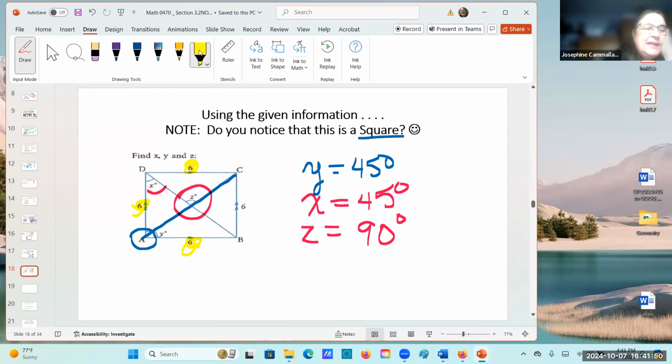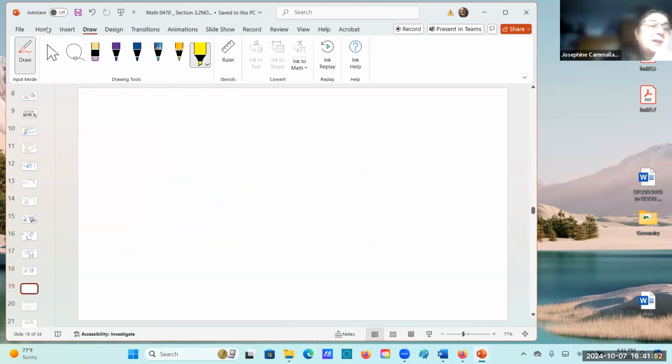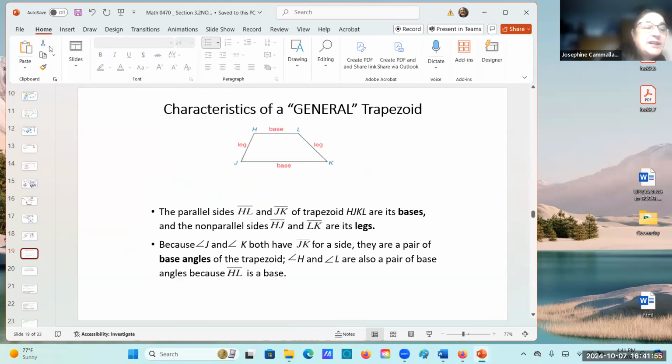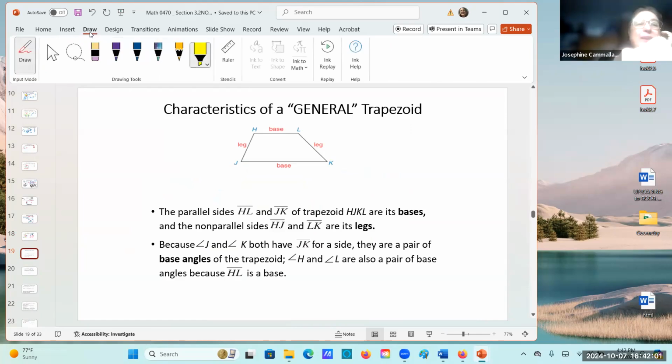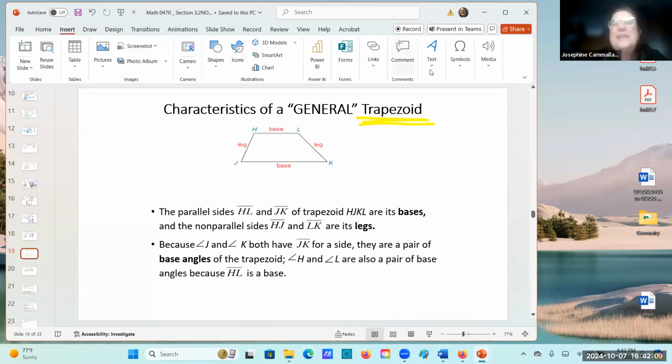Now, that is basically most of the square. But this is the big one. The trapezoid. Okay. Now, something I need to let you know about.